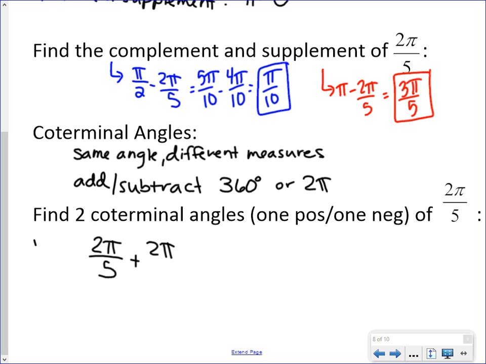And this, by adding a full rotation, I'm going to get a positive coterminal angle, okay? Now, what do I need in order to be able to add there? Same denominator, because this is really like 2 pi over 1. So it'll be 2 pi over 5 plus, this will be 10 pi over 5, which gets me 12 pi over 5.